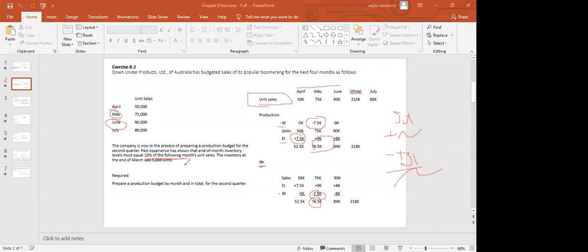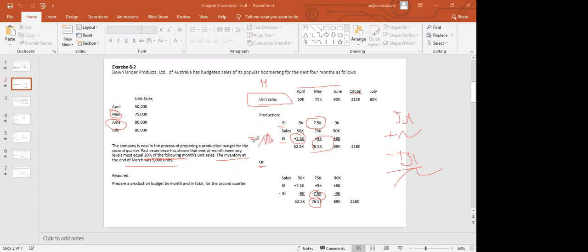What did I say last time? For example, this number here, the inventory at the end of March was 5,000 units, meaning March ending inventory was 5,000. Again, do we need to be told this? No, we don't.